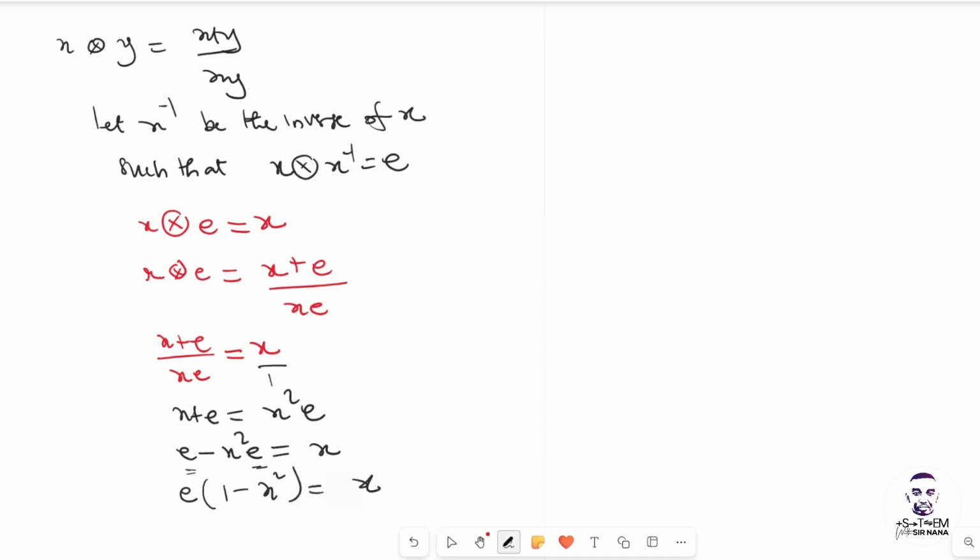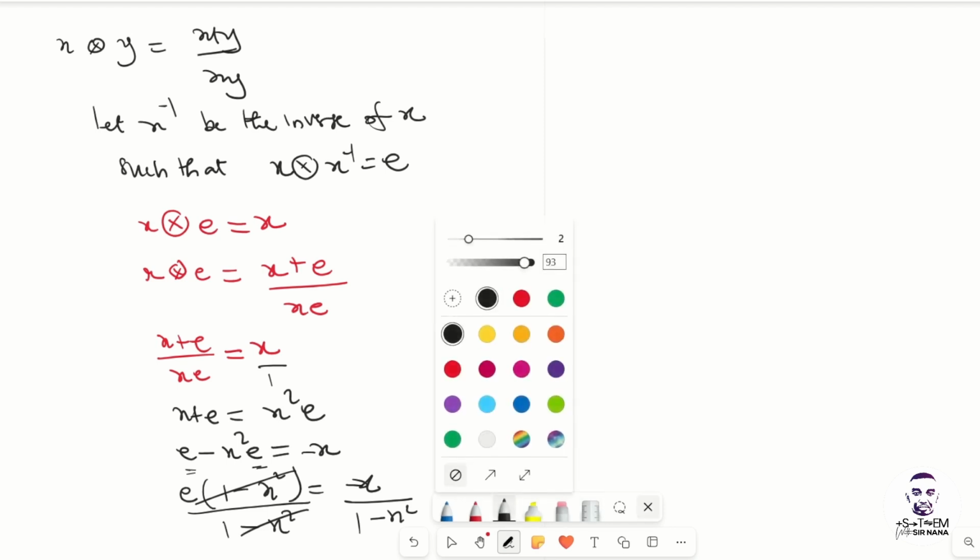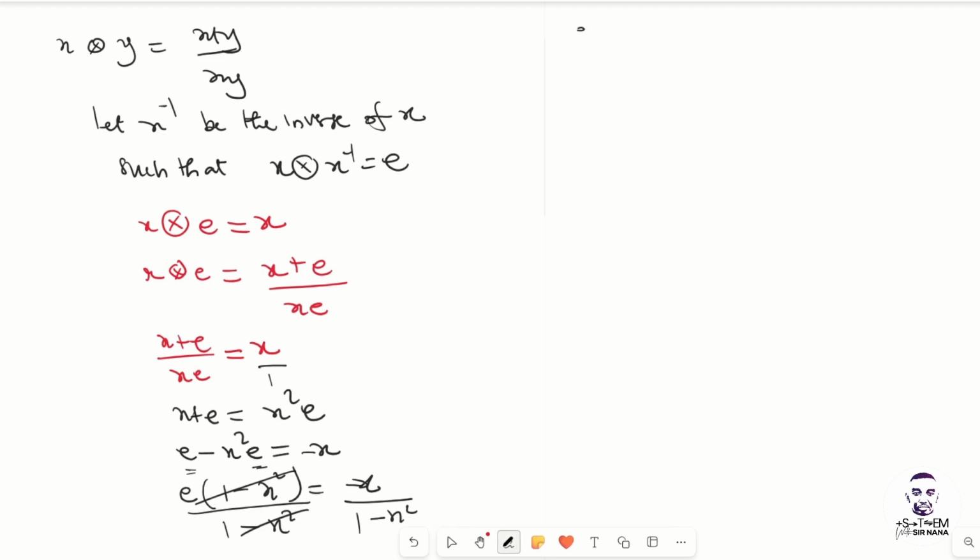So it means that we will have this to be all over 1 minus x squared, and then this side will be equal to 1 minus x squared. Remember that this x is moving across the equal to sign, so it's negative, so minus x. So we can divide both sides, and then we will have our e, which is our identity element, to be equal to negative x all over 1 minus x squared.